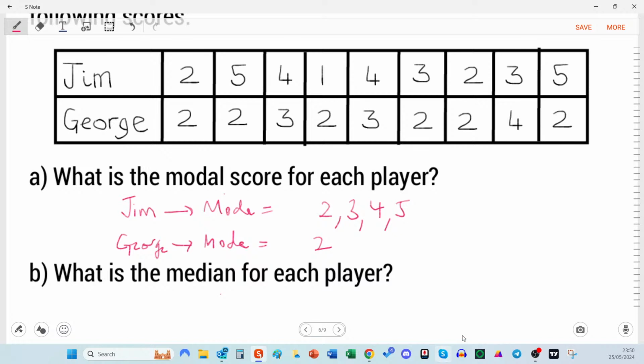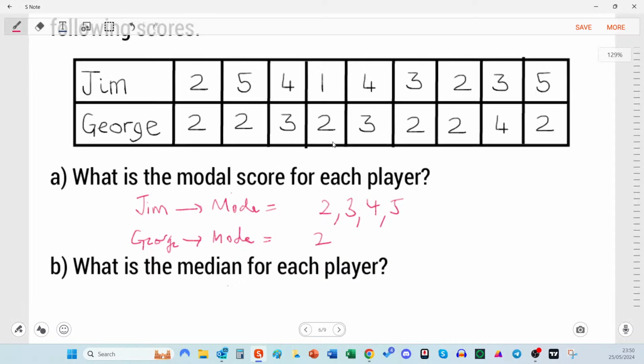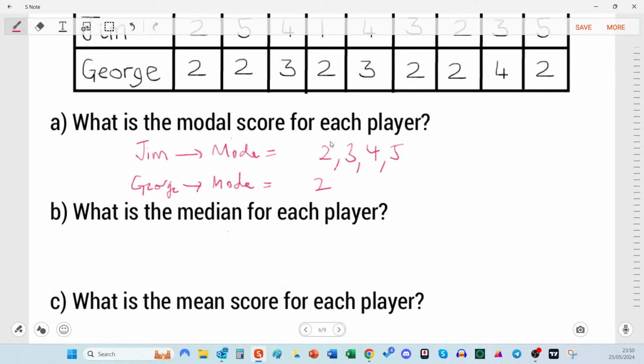What is the median for each player? So actually all of these are not in order. I think I can just about see it still. Okay, so we've got 1, and if I remember rightly, this is for Jim.